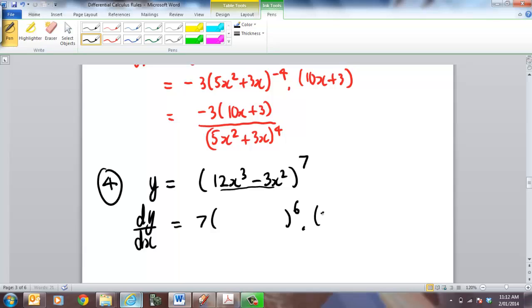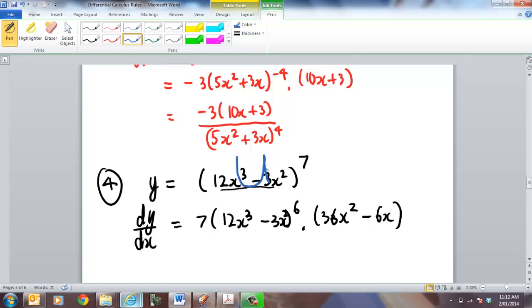So that becomes 36x squared take 6x. But I have to write what's inside the bracket. I'm literally thinking about not doing anything with that inside the bracket, so I'm treating that whole thing in here like a big u. So it's really using the chain rule, but I don't have to write all the steps down if I use my function of a function.